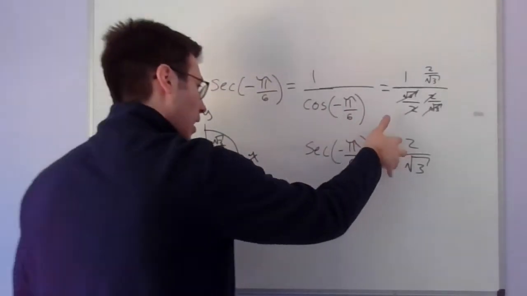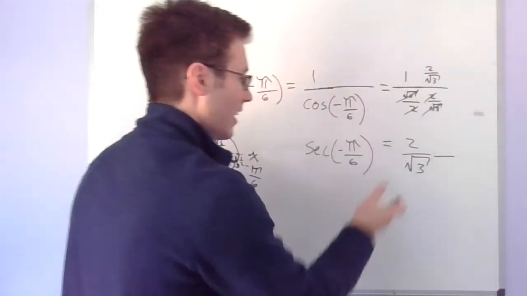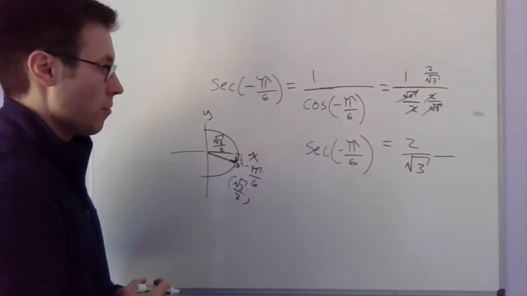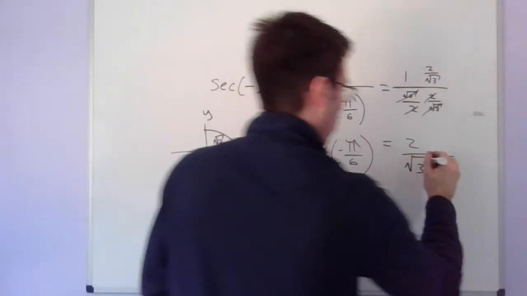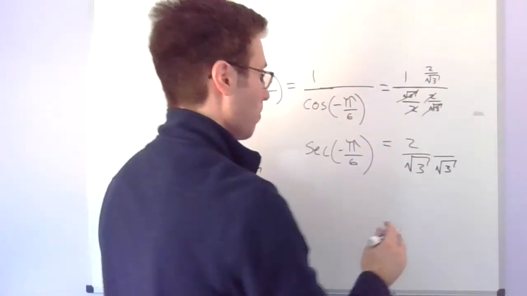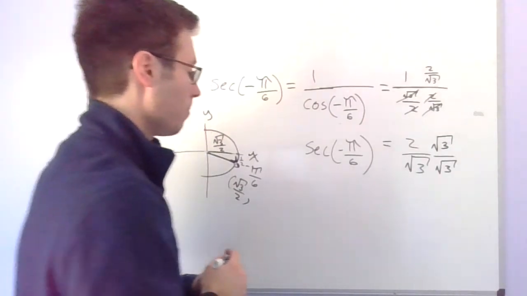So we're here now, so we have 2 and square root 3 here. I'm going to have to get rid of that square root 3 in the denominator because I don't like square roots in my denominator. So I'm going to multiply by square root 3 to get that out. I have to multiply up top by square root 3 as well.